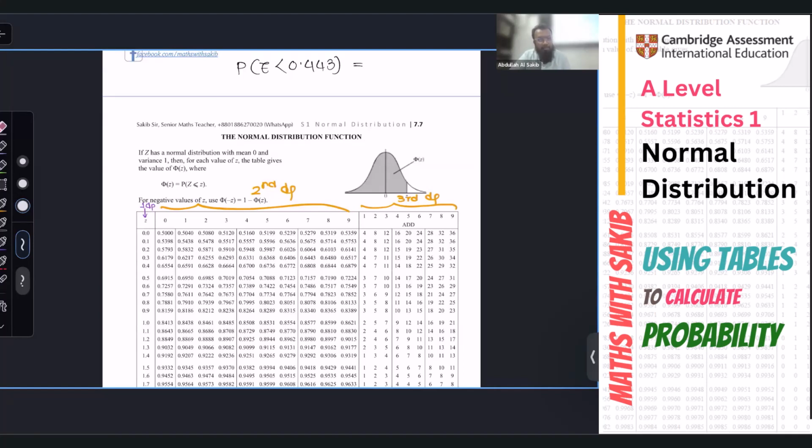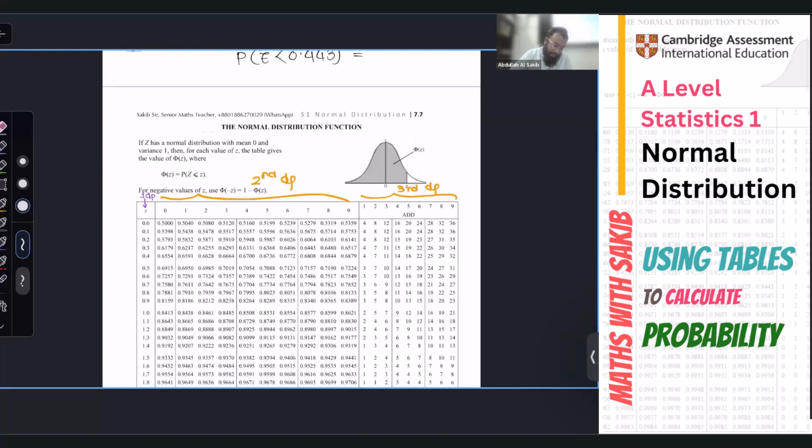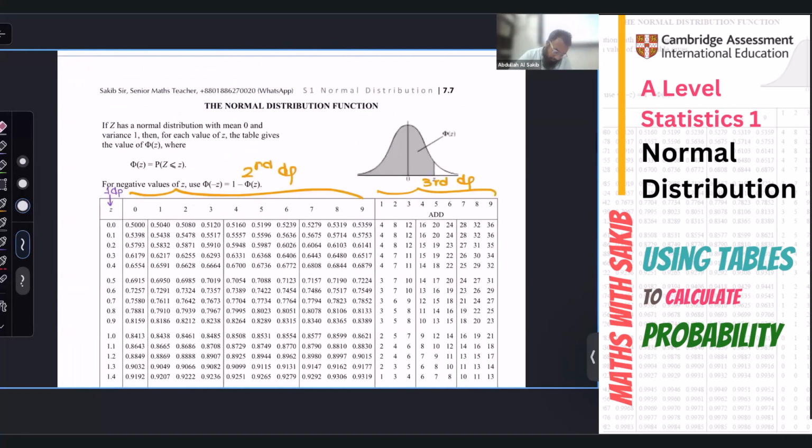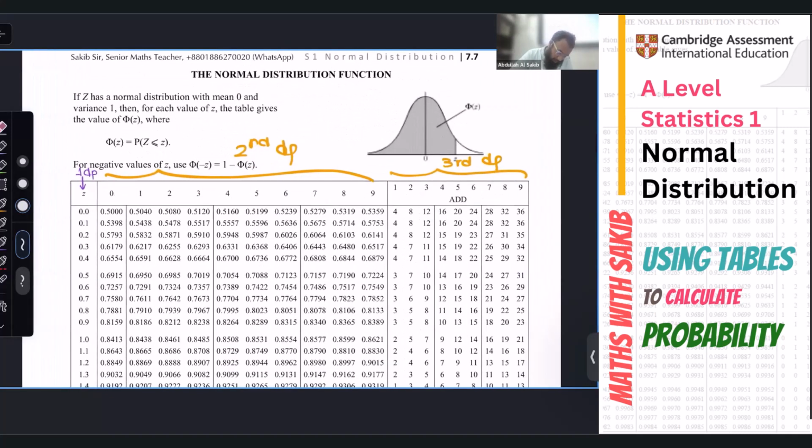0.6711. Mashallah, everyone's got it. Younging, you made a mistake. Why? Okay, 0.443. So let's find 0.4 first. This is my 0.4. Then this is my 4. And then this is my 3.